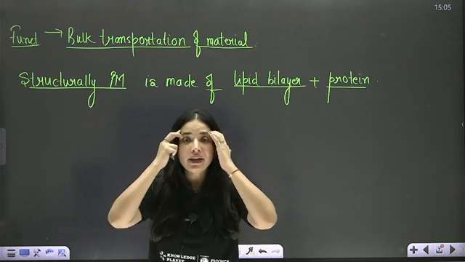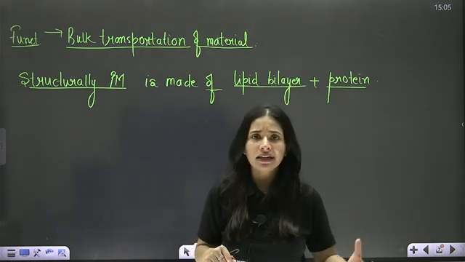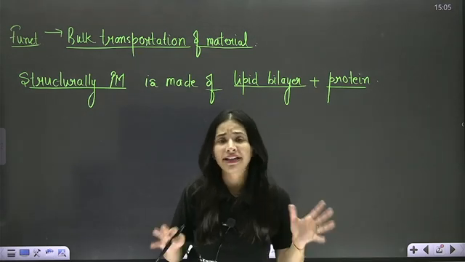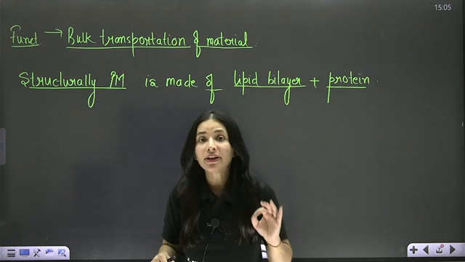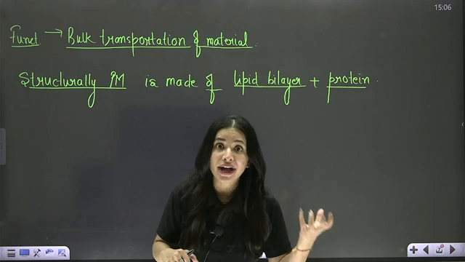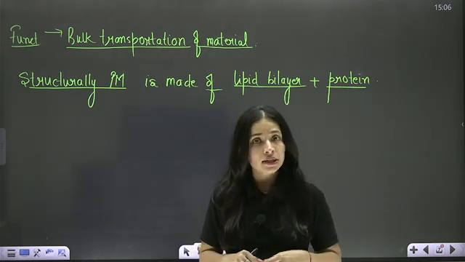Like for example, if a layer is dead, apart from providing mechanical strength, support and rigidity, no other function can be expected from a dead layer. But if it is a living layer, then you can expect more functions. You can modify the layer according to your wish to perform more and more functions, right?